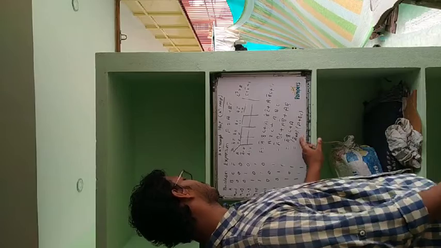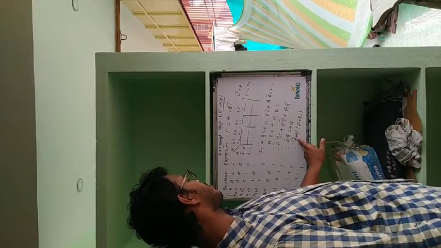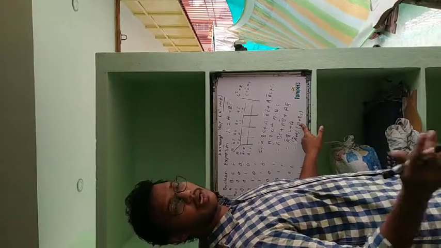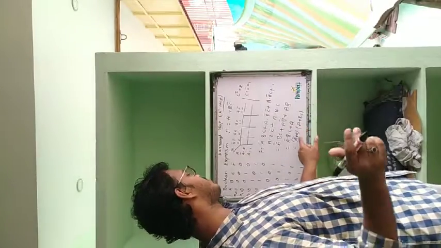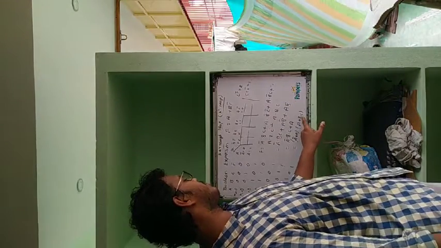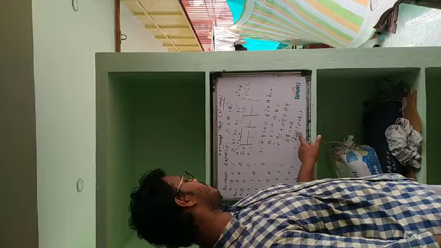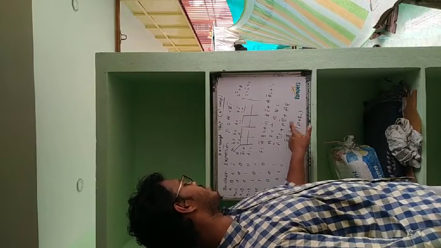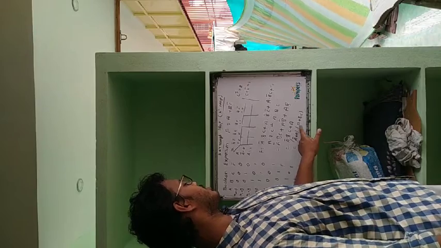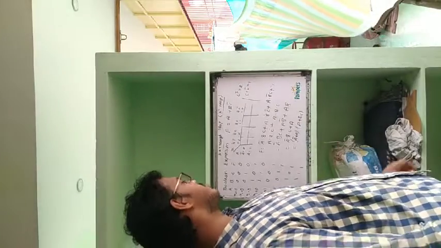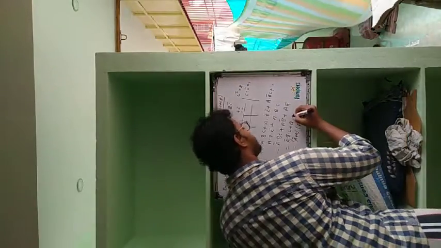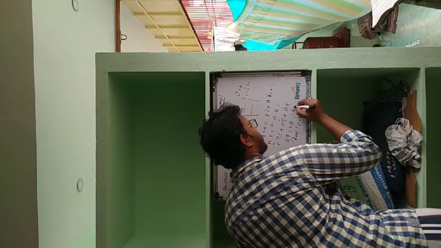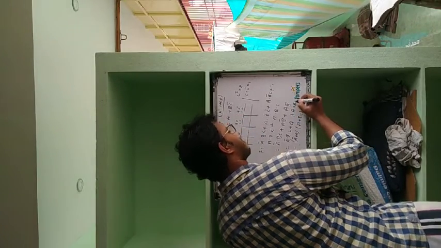You can write it as A into A bar, which is 0, A bar into A, and A bar B C we have. A into A is A. So you get A plus B C.